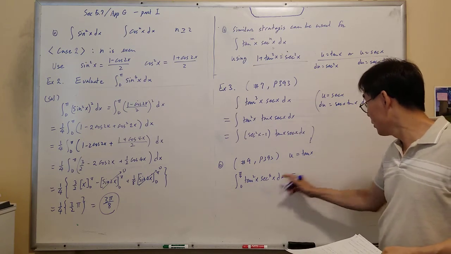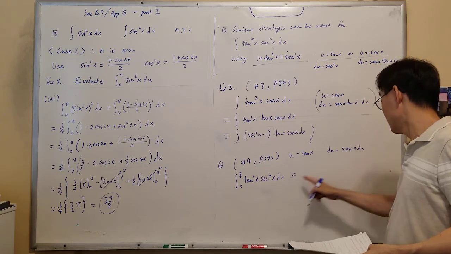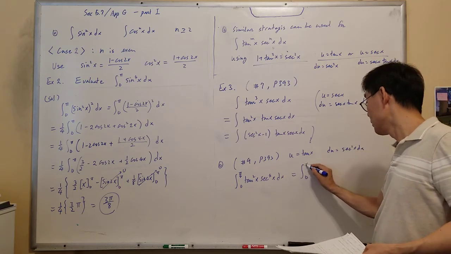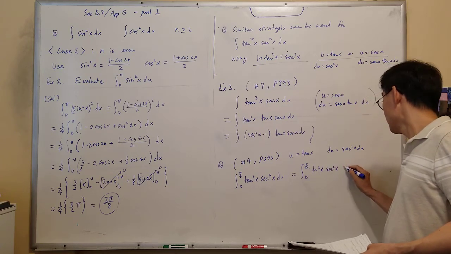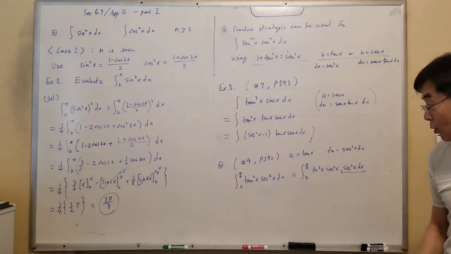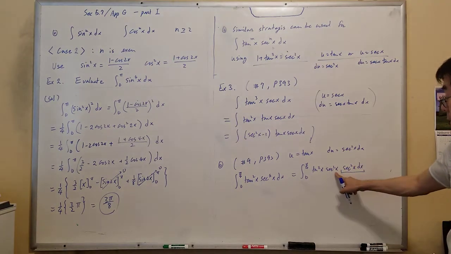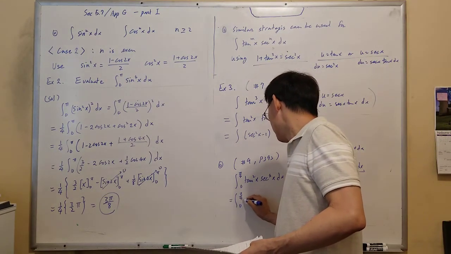U equals tangent x, well then we will need secant squared of x dx. Then we want to separate it: tangent squared x, secant squared of x, secant squared of x dx. This will be reserved for du when you use u equals tangent. Well, we need to have a tangent then. Right?